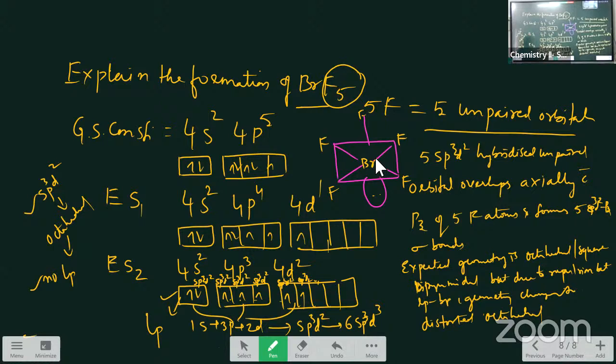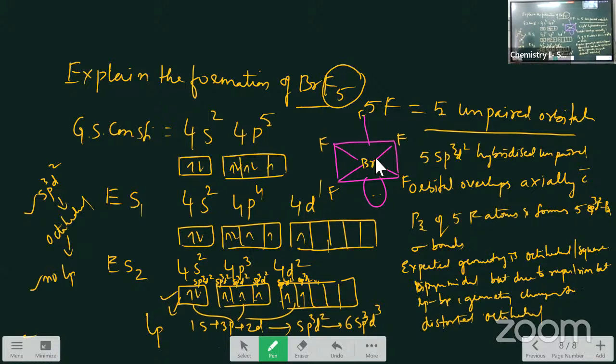Already आप लोग फर्स्ट ईयर में बहुत सारे एग्जाम्पल्स करे, सो PCl5 करे, आप SF6 करे, अगर वो बेसिक्स याद है आपको, इजिली यू कैन राइट. आपको क्या लिखना है? फर्स्ट, द सेंट्रल एटम इन BrF5 इज ब्रोमीन. द ग्राउंड स्टेट कॉन्फिगरेशन ऑफ ब्रोमीन इज 4s2 4p5.